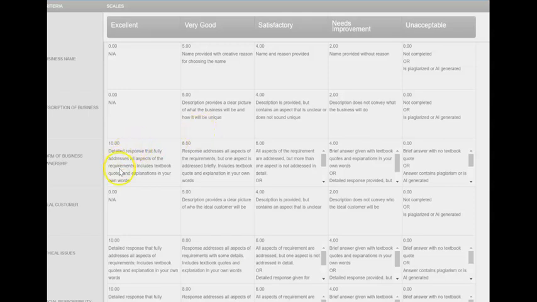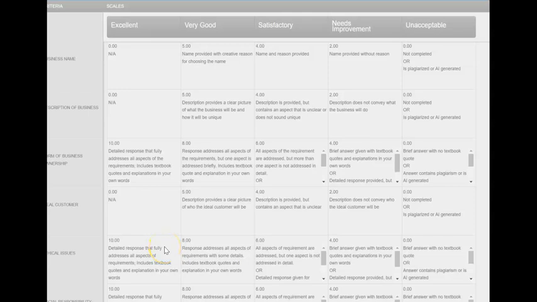The form of business ownership. So you can see the grade is based on how detailed the response is. So give a detailed response about all aspects of the requirement, and then make sure you include that textbook quote, right? That textbook quote is required to get points. So you can look at this rubric and see what you need to do to get that highest rating in every category.